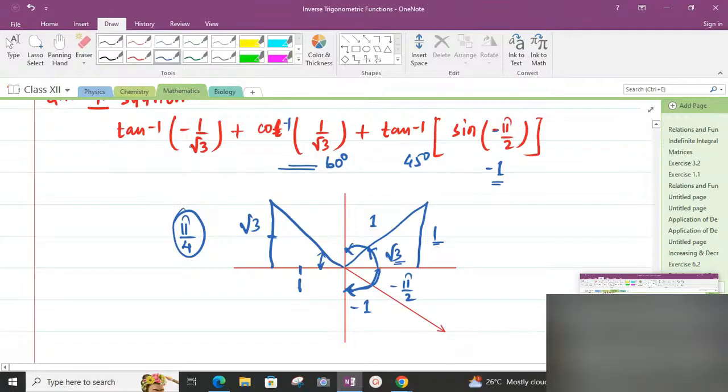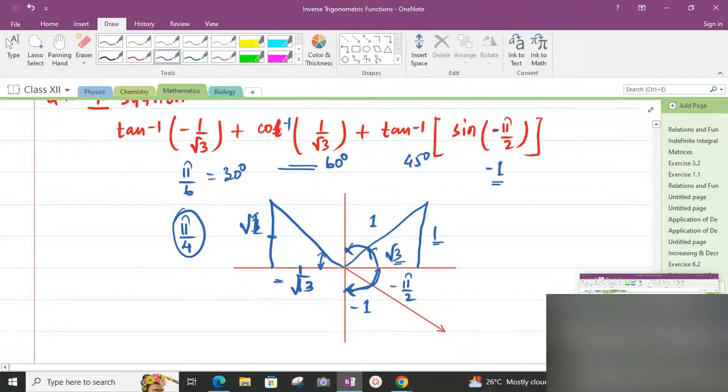Now we find out tan inverse minus 1 by root 3. So here P equal to 1 and B equal to root 3. So this is the minus and this one will be 30 degree. It means pi by 6 equal to 30 degree.